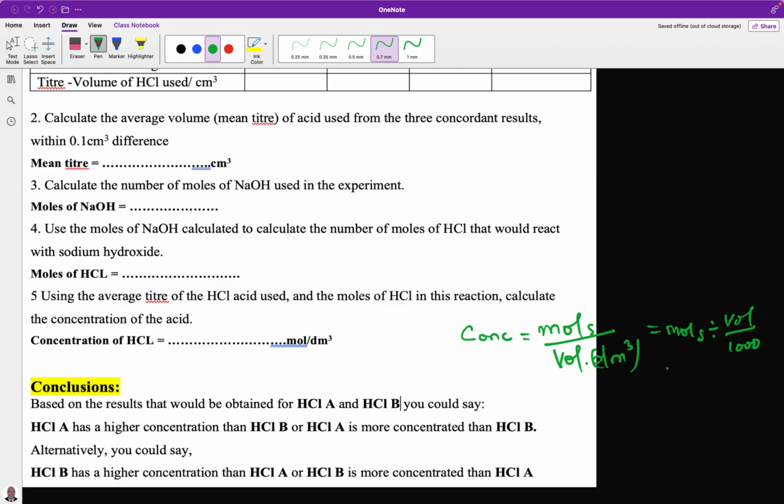So in that case, it will be moles times 1,000 divided by the volume. By doing that, the concentration, moles divided by volume in dm cube, will be in mole per dm cube.